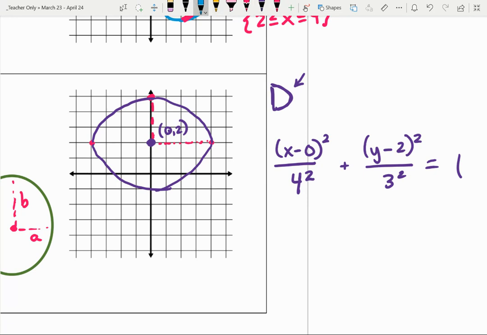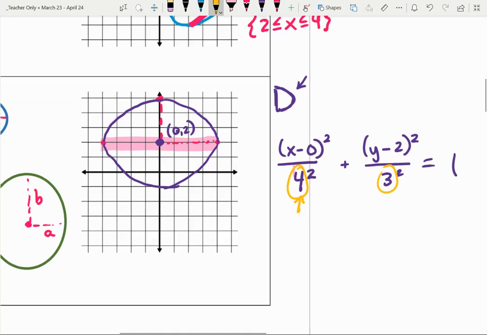Something to be careful of is that those A and B values are not the entire width of the ellipse. The entire width would be 8 units, but the radius from the center to the edge horizontally is only 4, and same with that vertical distance.